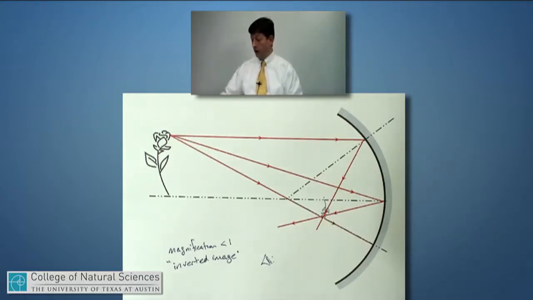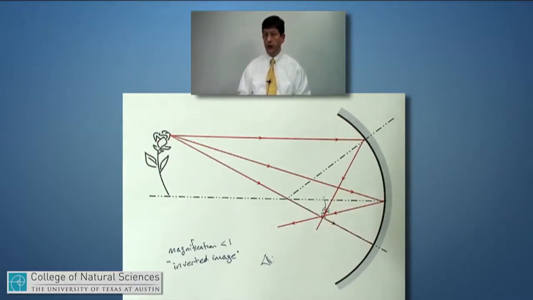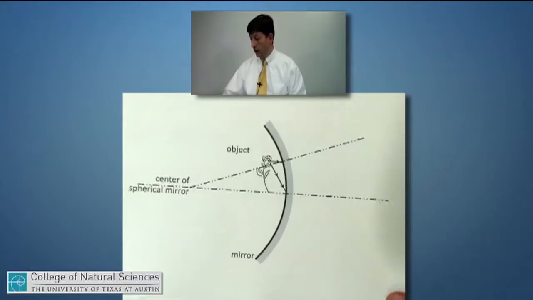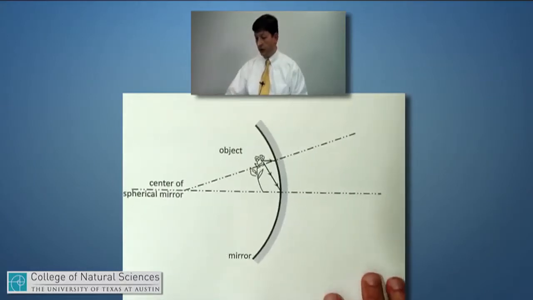So we will see examples where different kinds of mirrors, in this case the concave mirror, produce an image that's both inverted and demagnified, or smaller than real life. That's not always the case with concave mirrors.